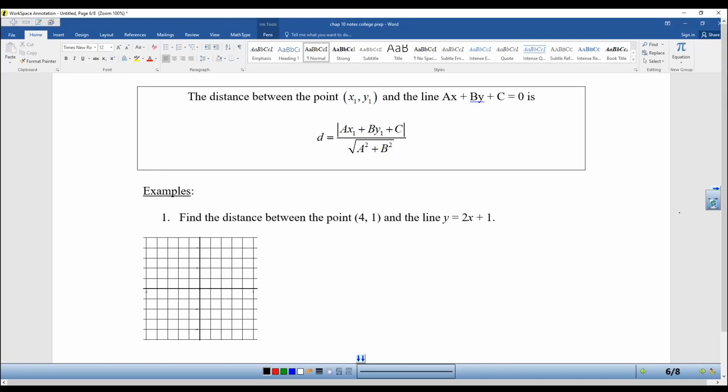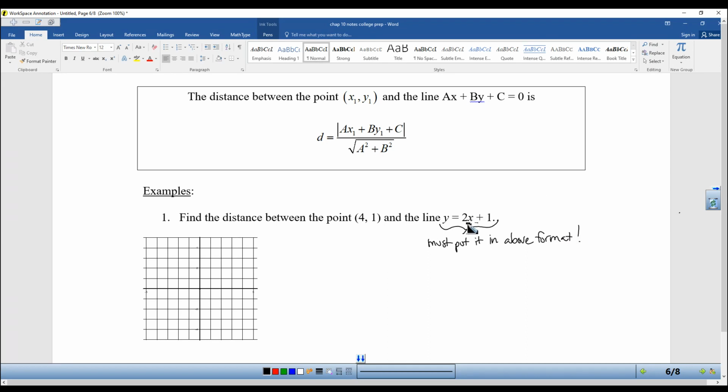Another new formula, the distance between a point (x, y) and a line. So this time you are going to want it in this format. Here's the formula. So unlike last time where they did give it to you like that, this time they didn't. But you must put it in the above format or this formula will not work.